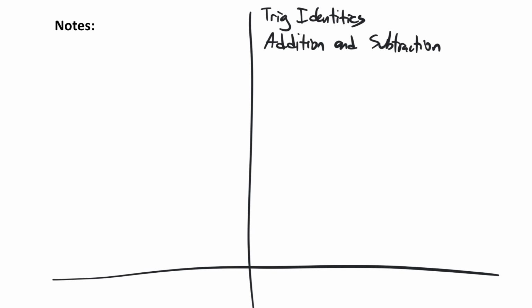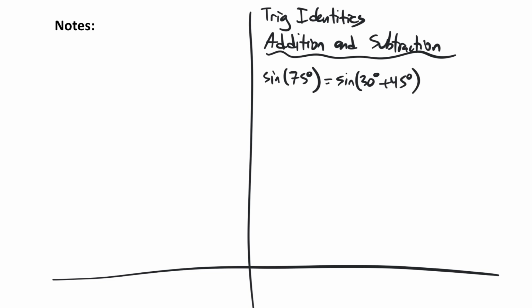Now, the really important thing with what we are doing, and I didn't want to talk about it until the very end, is that we can't do this, okay? If someone asked you to find sine of 75 degrees, you might be tempted to say, well, that's the same as sine of 30 plus sine of 45. I've been paying attention, Mr. Peters.